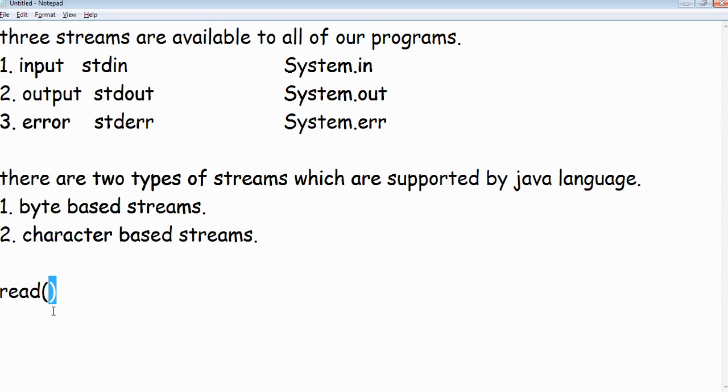On the last character, after returning the last character, the read method will now read the end of the file. At the end of the file, the read method will return -1, because the return type of the read method is integer, and -1 indicates the end of the file.